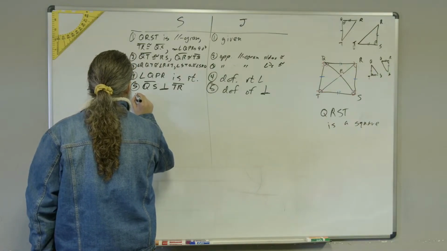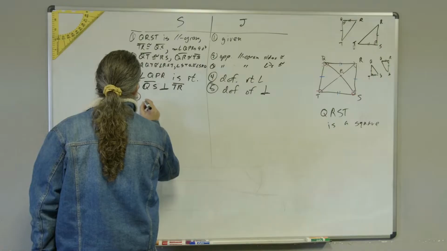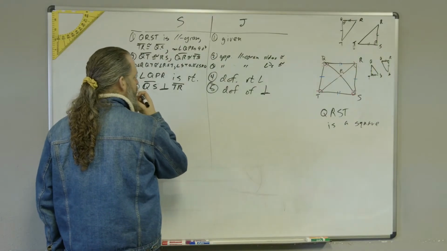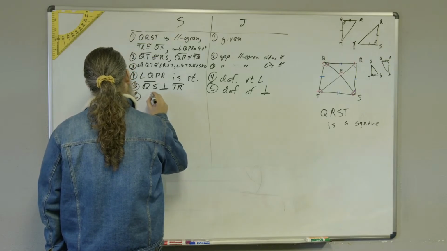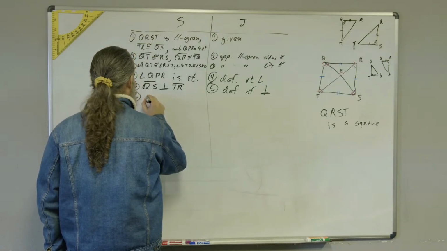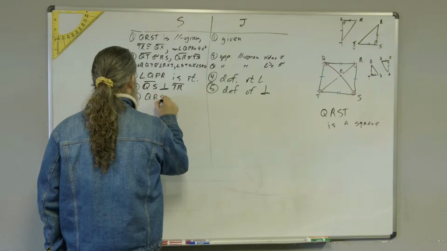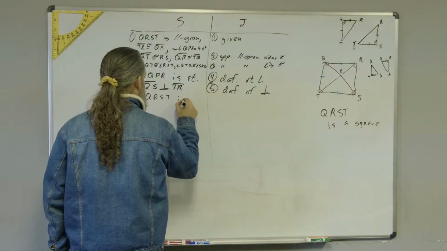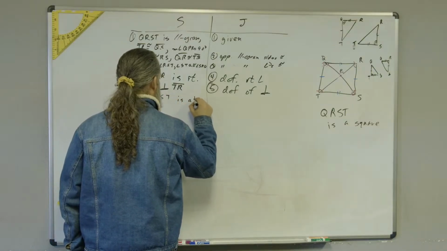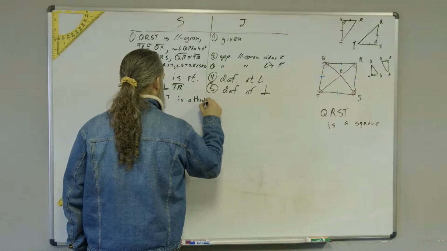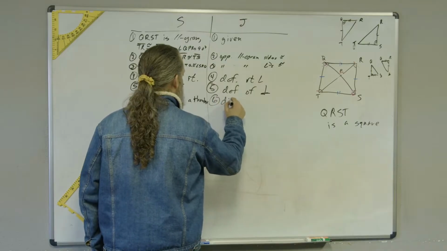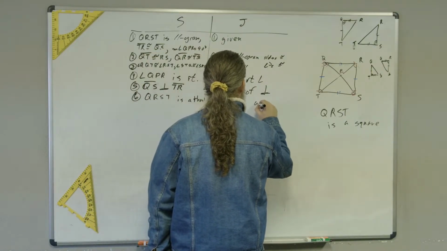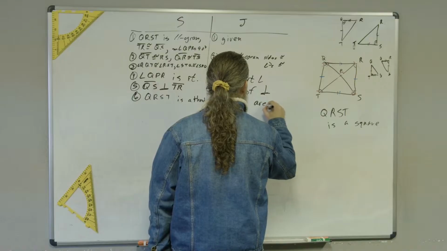rhombus, which is good, because a rhombus is very close to saying it's a square, right? QRST is a rhombus because diagonals are perpendicular.